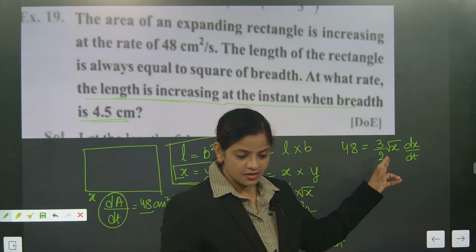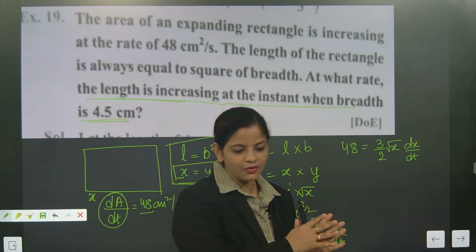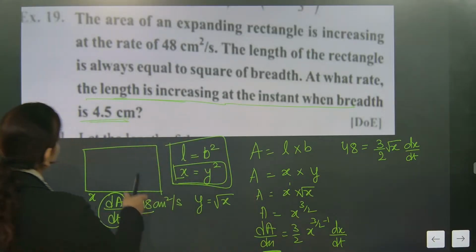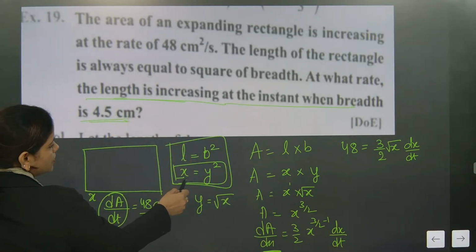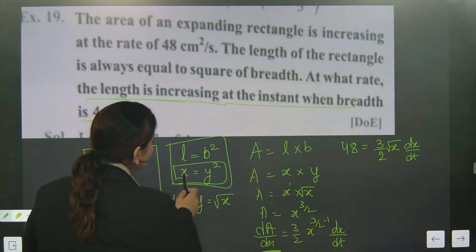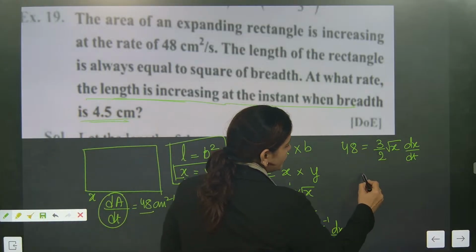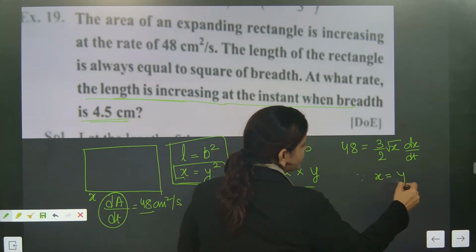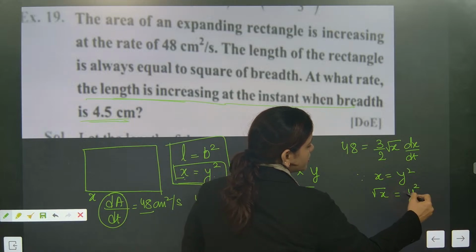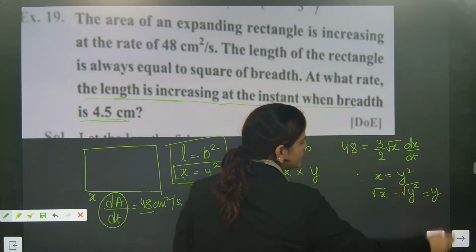They have given that x is equal to y square, correct? So what will be root under x? Since x is equal to y square, root under x will be equal to y.